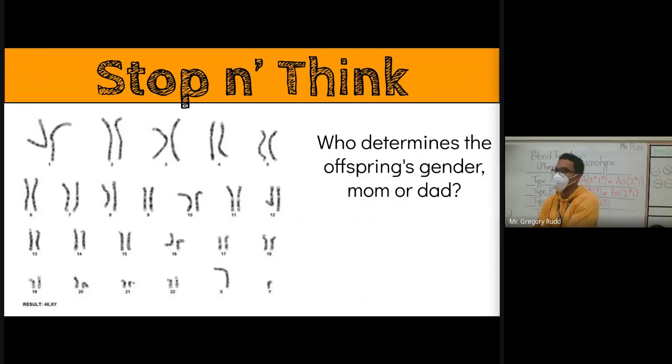We already talked about the fact that sex-linked traits appear on the X chromosome, and females have two X chromosomes. So you might think that they are contributing more to the child. Does anybody think dad?